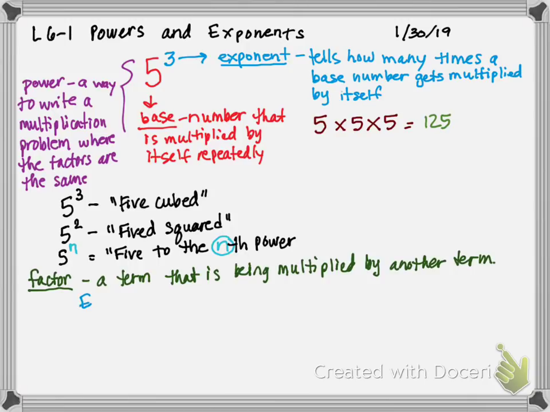Let's say we have 5 times 3. We would say that 5 and 3 are factors, because they're part of a multiplication problem. Their answer is called a product, in this case 15. So we would say 5 and 3 are factors of 15. We also have perfect squares. These are awesome.